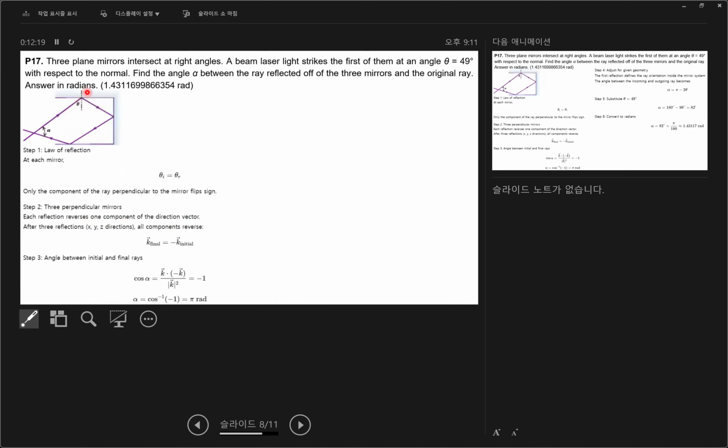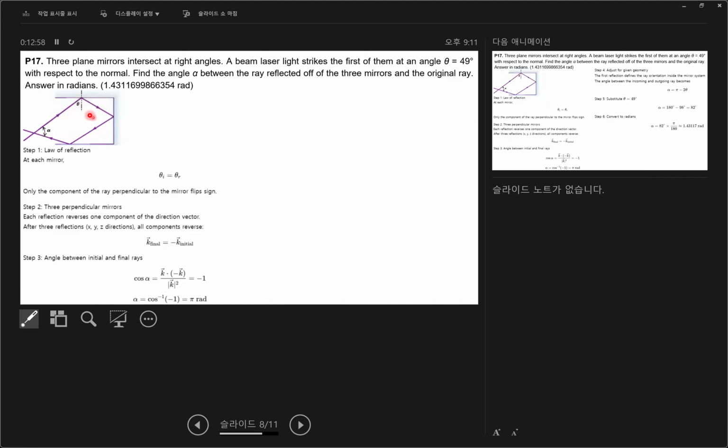If you think about the reflection, it is a symmetry that changes the direction. Let's assume this is the k vector and this is the k prime vector. The relationship between k and k prime is simply that if you make the decomposition, this is downward but it is upward. So one of the components is reversed. Okay, this is what it says.